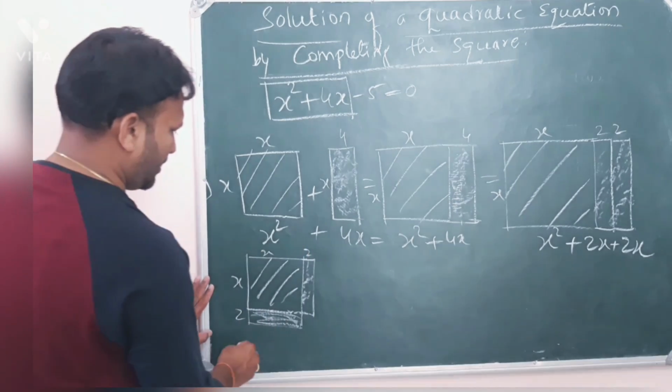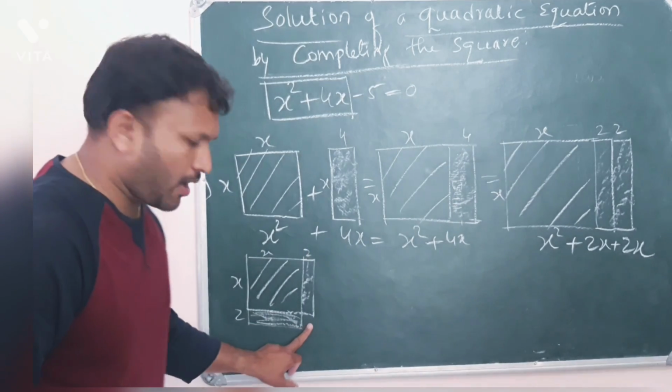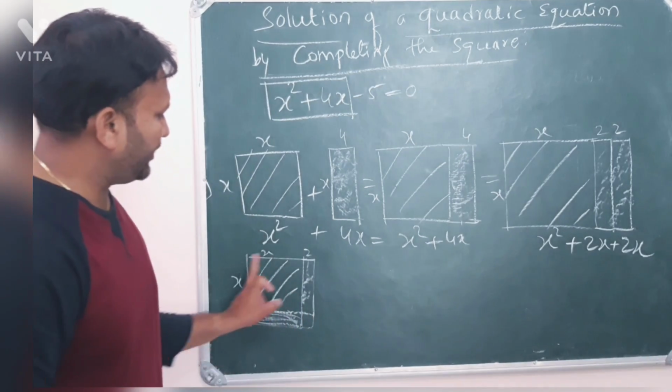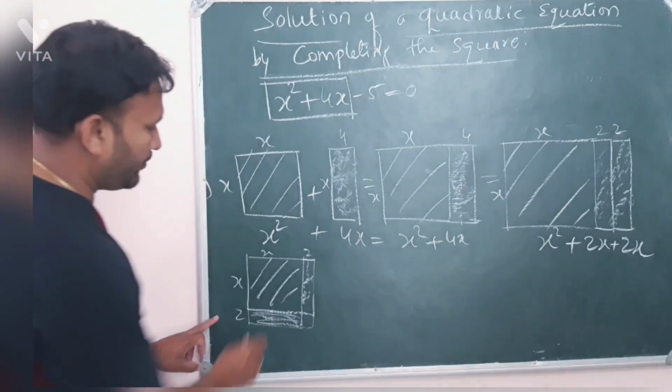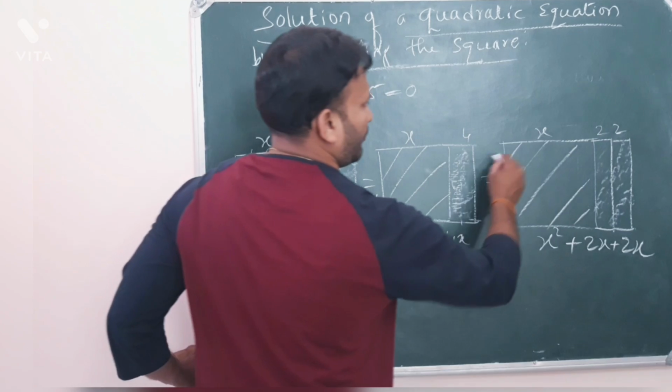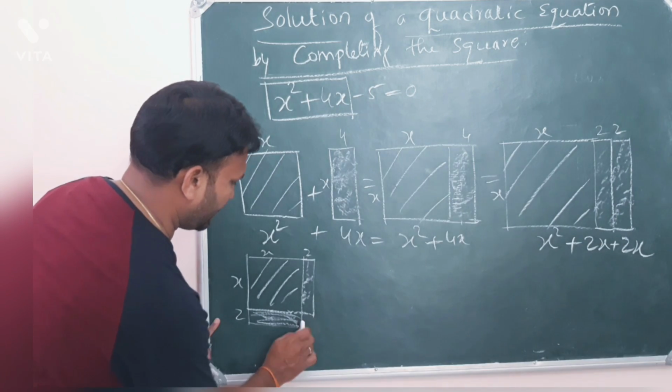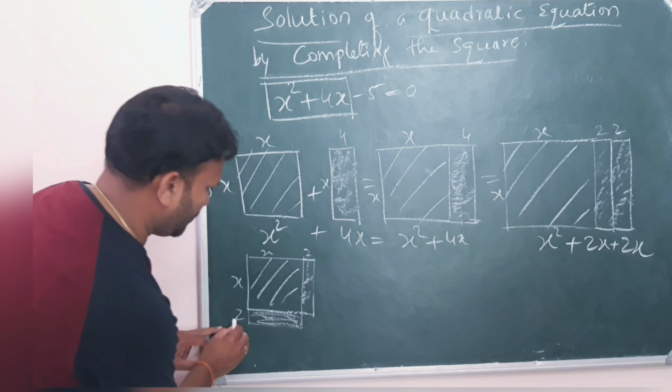Now you need this part to complete the square. To make it a square again, you need this part. So that means it is of 2.